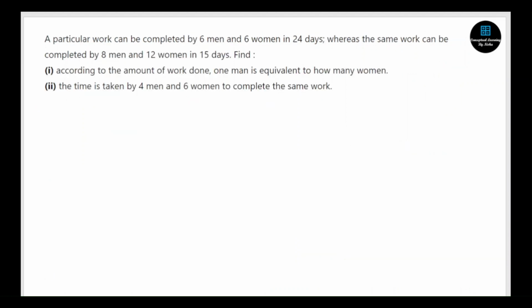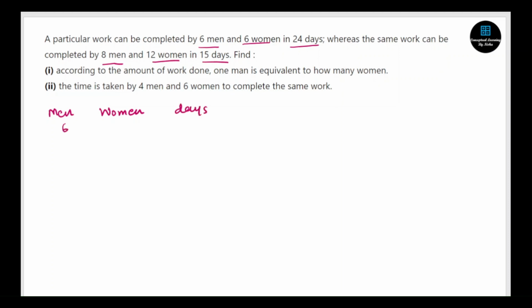Now a very important question here. Okay. See what they are saying. 6 men and 6 women can complete a work in 24 days, whereas the same work can be done by 8 men and 12 women in 15 days. So what I'll do is write men, women, and days.